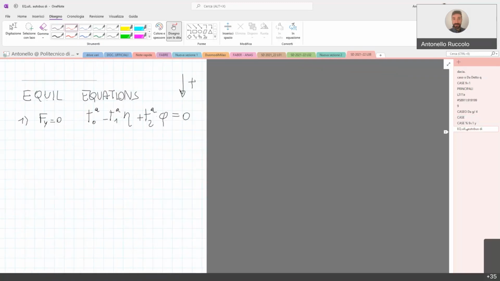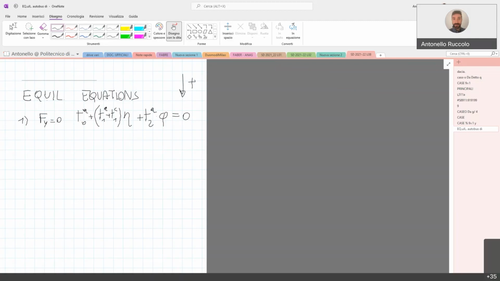So here we have two terms for displacement, T1A and T1C.